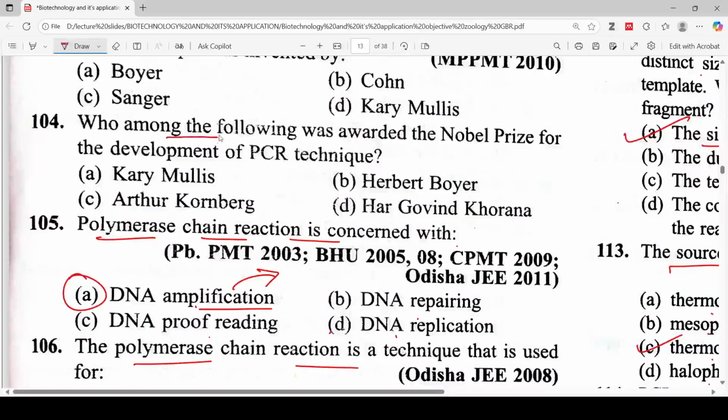Who among the following was awarded the Nobel Prize for the development of PCR technique? Carey Mullis, Arthur Kornberg, Herbert Boyer and Hargobind Khorana.